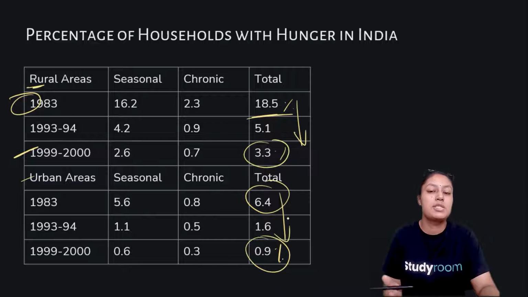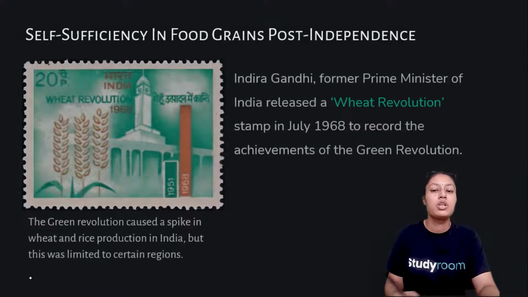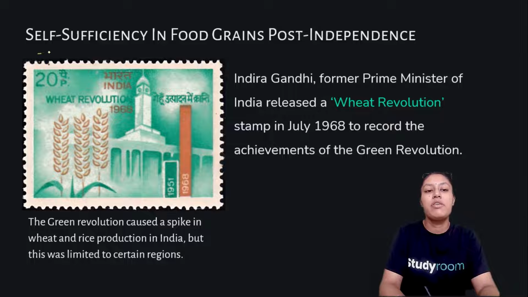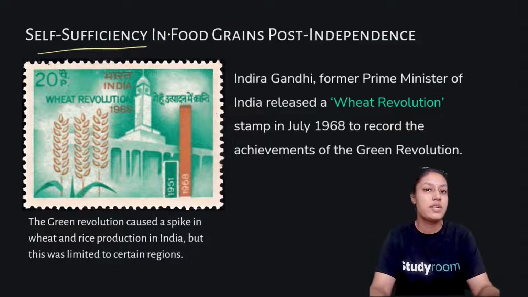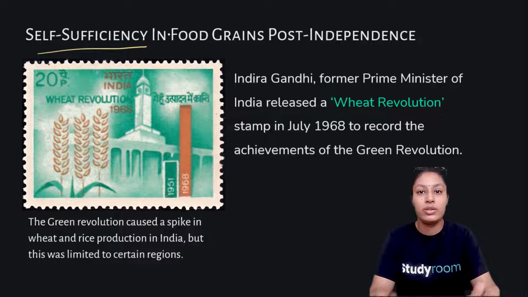Now, what are the steps that have been taken to basically eradicate hunger in our country? The most important thing is self sufficiency. If we are not self sufficient, we might have to rely on other countries to provide us resources all the time.